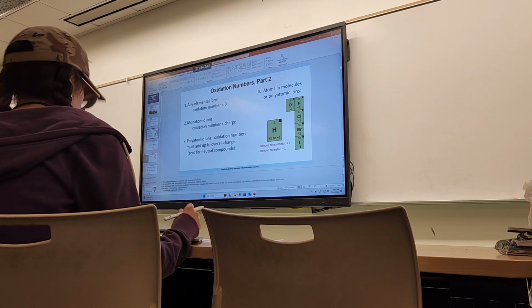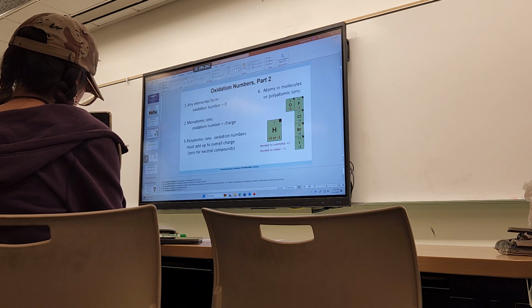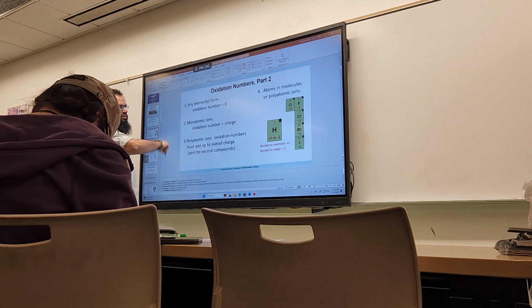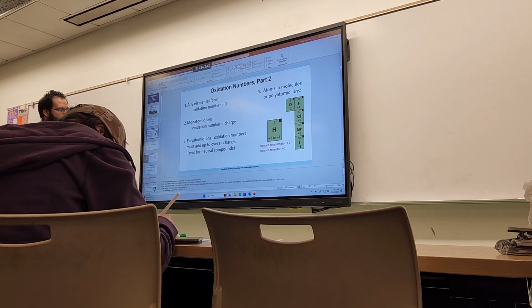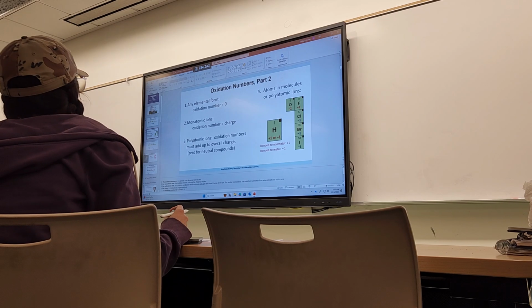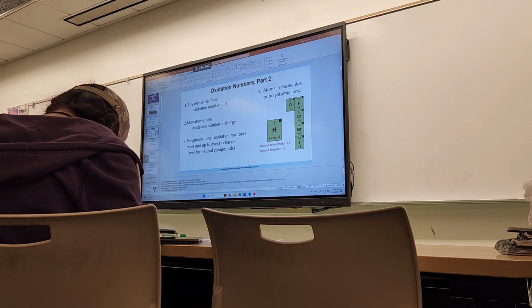All of those are zero oxidation states. Okay, they are zero. A monoatomic ion is going to have the oxidation state of its charge. And then the polyatomic ions, it actually depends, right? So you should be able to calculate the different oxidation states of all the different atoms in the reaction.